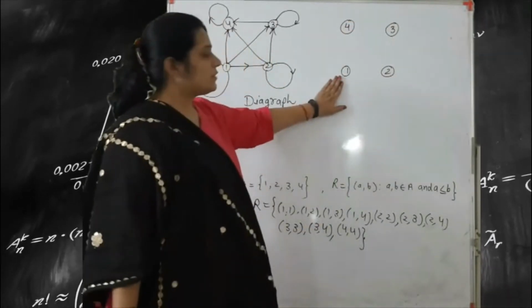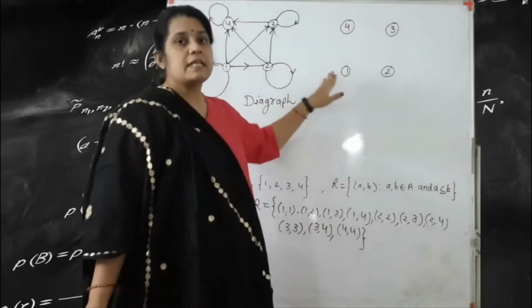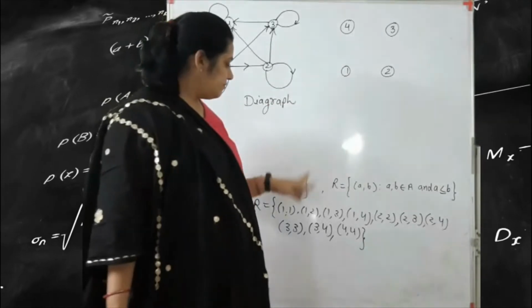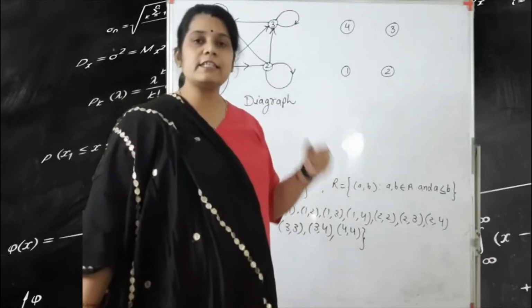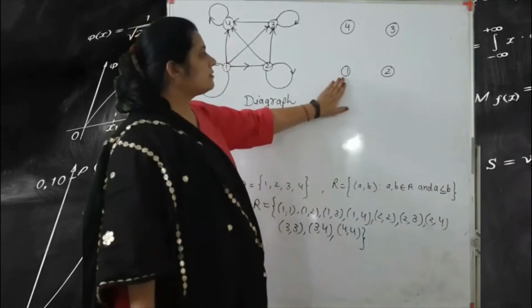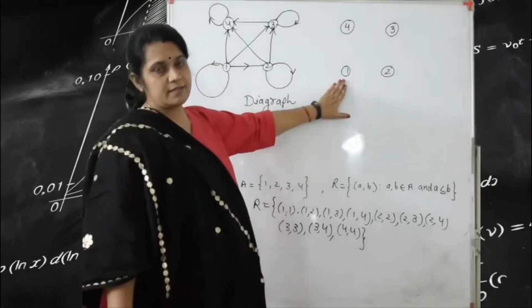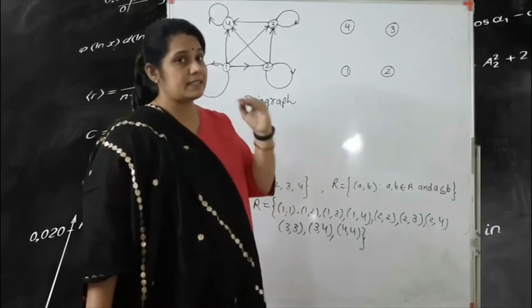Here we don't draw the self loop. Why? Because this set A, with the relation marked by the less than or equal to sign, is already a partial order set. So all these four vertices are already in self loop form, which means the reflexive property is already satisfied.